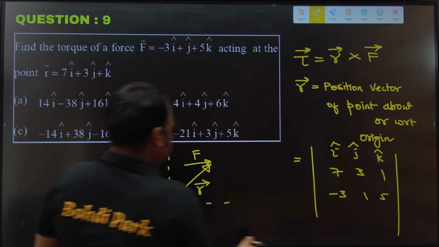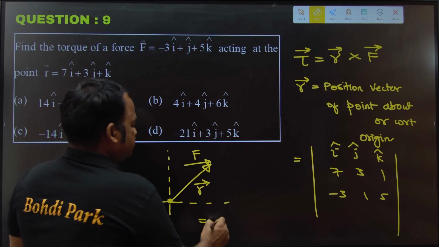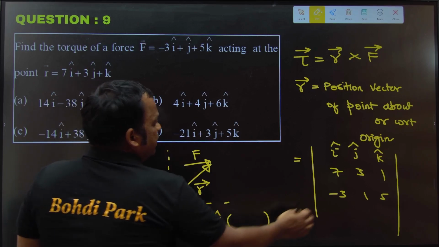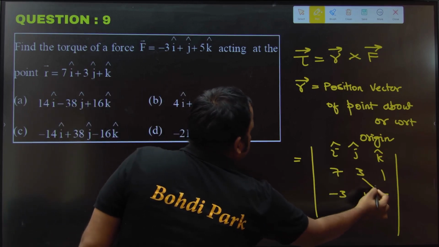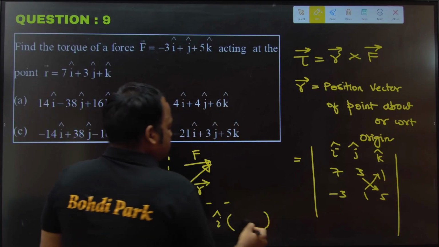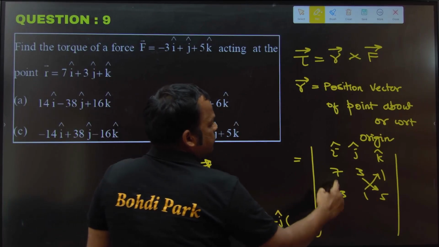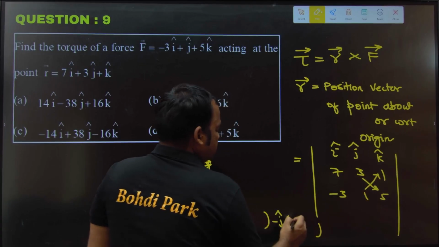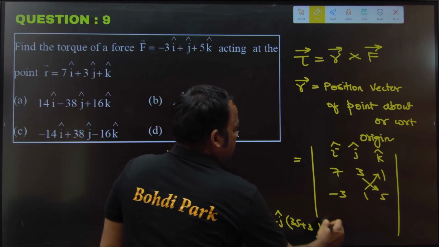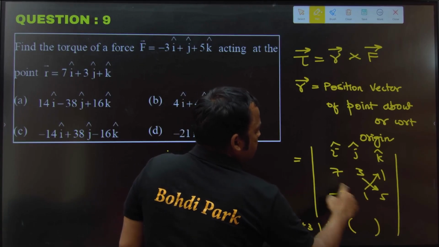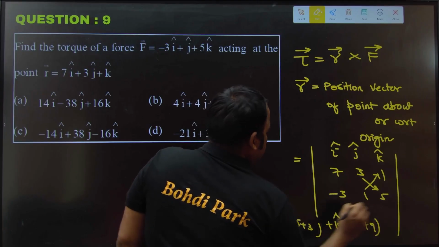When we solve this, we'll get I cap into 15 minus 1, minus j cap into 35 plus 3, plus k cap into 7 plus 9.